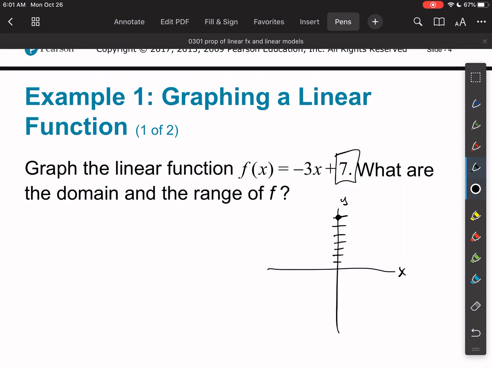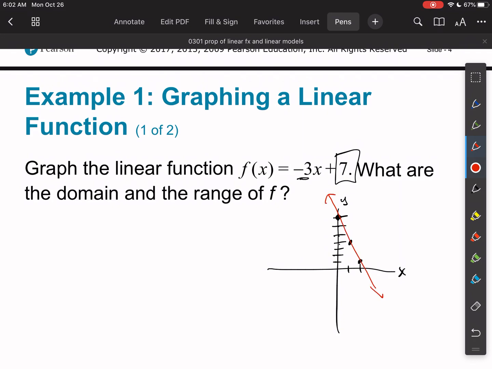Then we know that the slope is negative 3, so from this location the line is going to be going down. I'm going to go down 3, 1, 2, 3, over 1, and then 1, 2, 3 again and over 1 puts me somewhere in there. I get this line that looks like this.